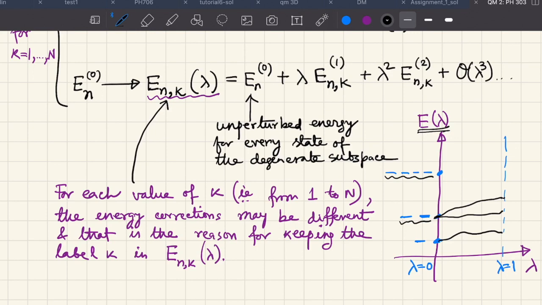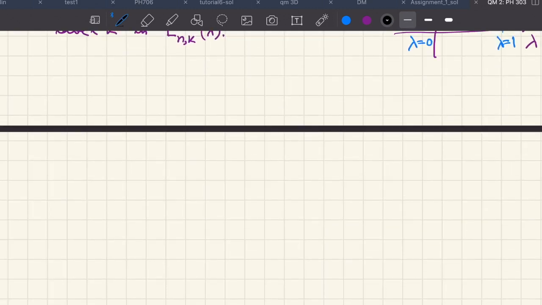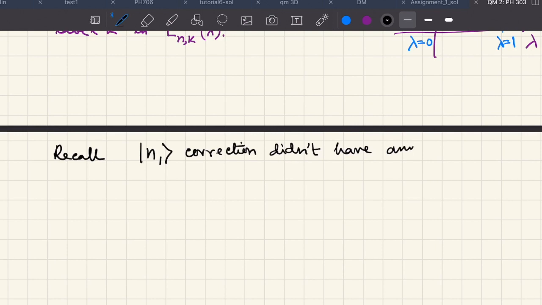Now let us also recall one thing from this non-degenerate perturbation theory. There we gave the argument that the first order correction to the state n1, so let me write here again, recall that the n1 correction, or the first order correction, did not have any component along n0 vector.